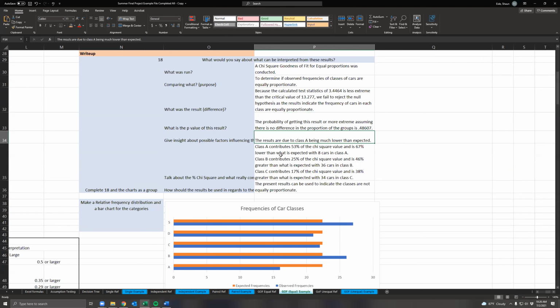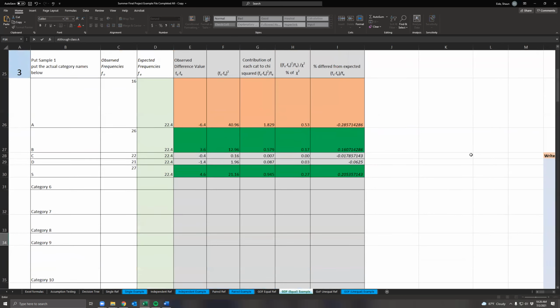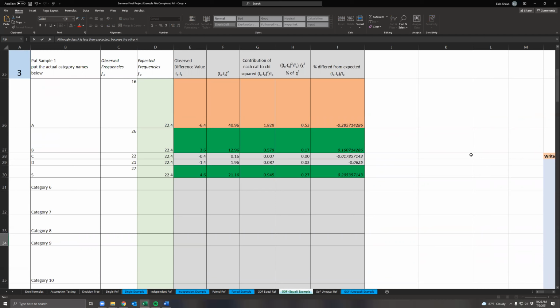So what I would write is, although class A is less than expected, because the other four classes are pretty close to the expected value, it appears as though the frequencies are pretty equally distributed between classes.